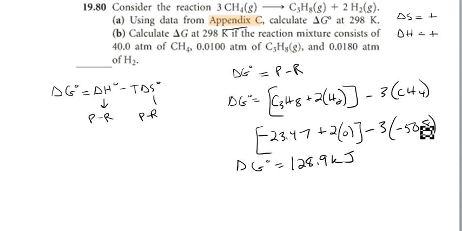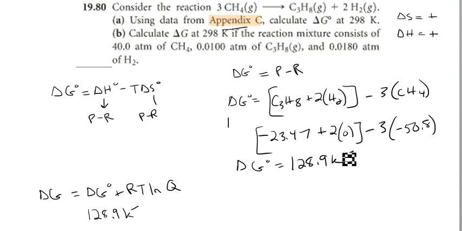And then B asks us to find delta G without the standard condition. So delta G equals delta G standard plus RT natural log Q. And so we just found the delta G standard to be 128.9 kilojoules, plus R is going to be 8.31.